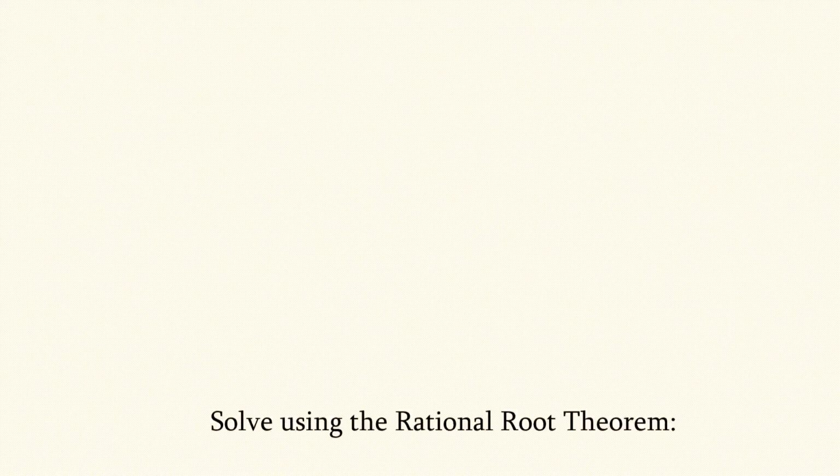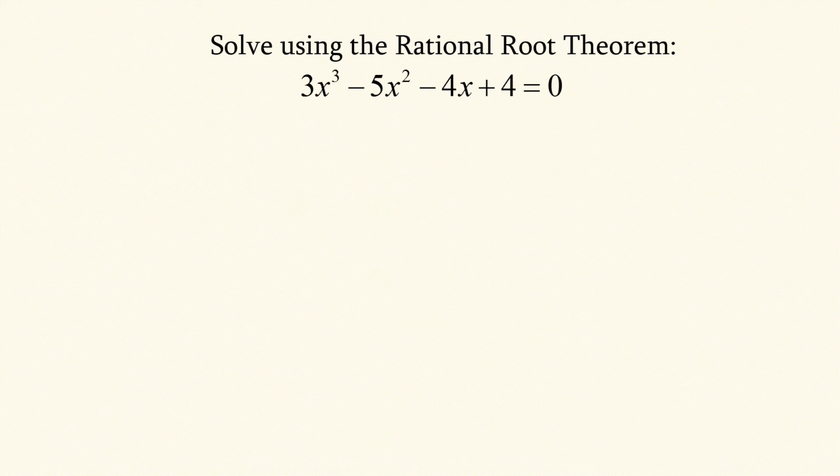Now, let's have the third example. We have here 3x cubed minus 5x squared minus 4x plus 4 is equal to 0. So, isulat muna natin yung mga factors for P and Q. So, yung factors natin for P, which is yung ating constant na 4, ay positive and negative 1, 2, and 4.